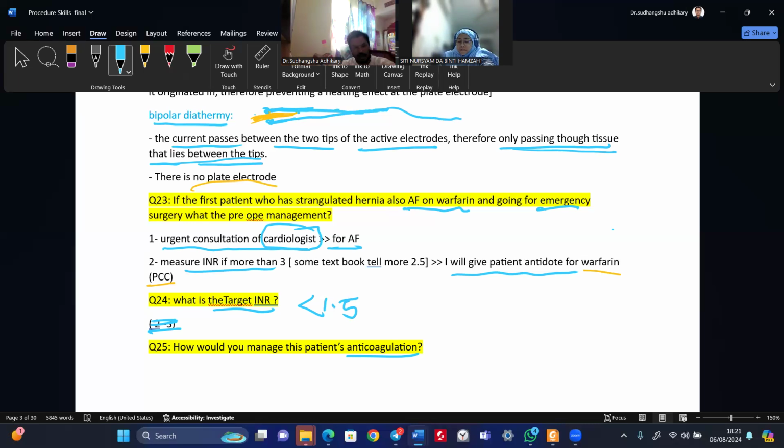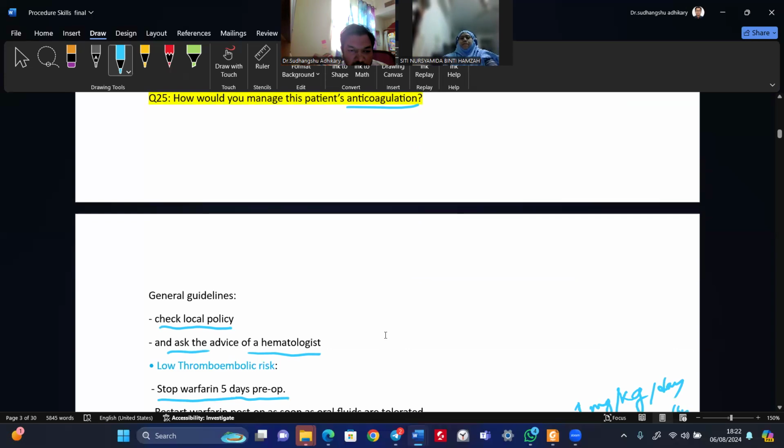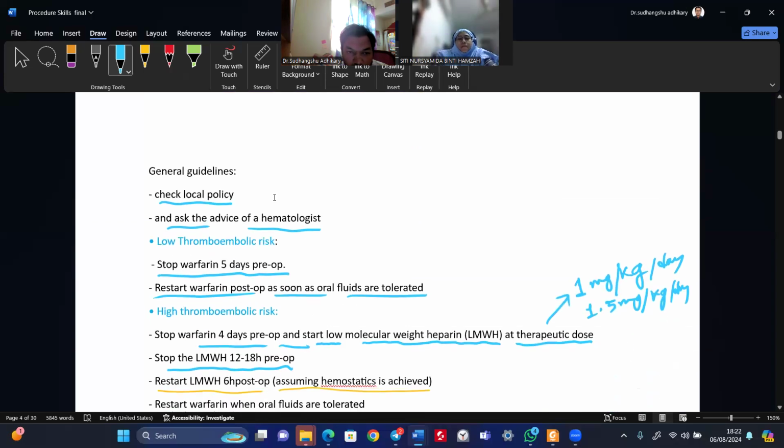How would you manage this patient's anticoagulation? We'll check the local policy and ask advice from the hematologist.